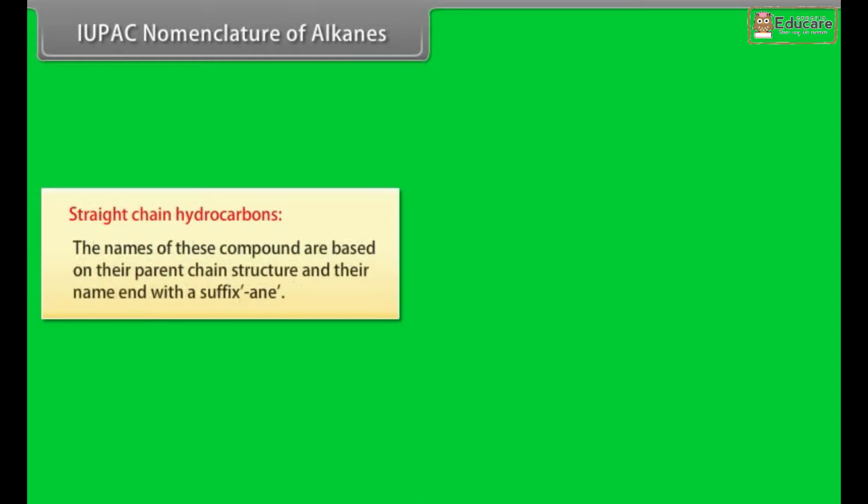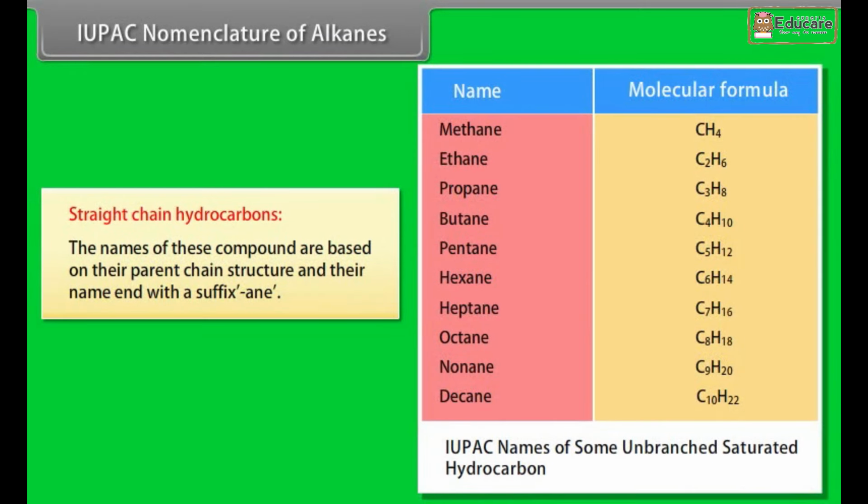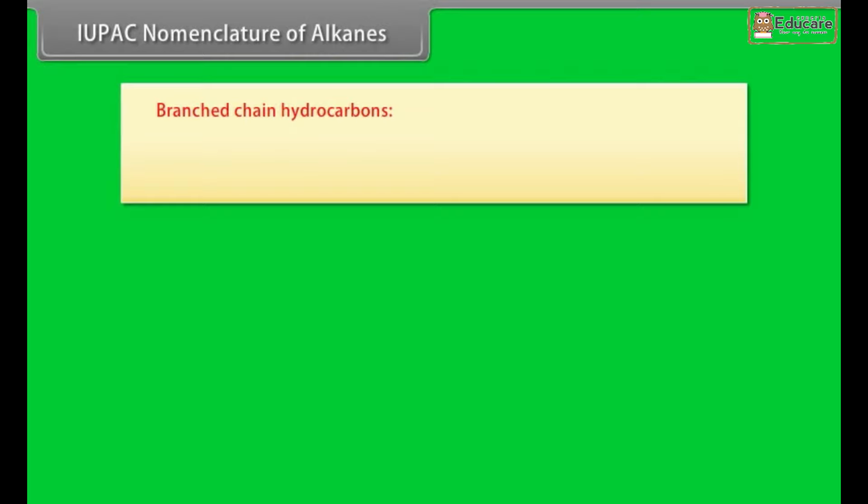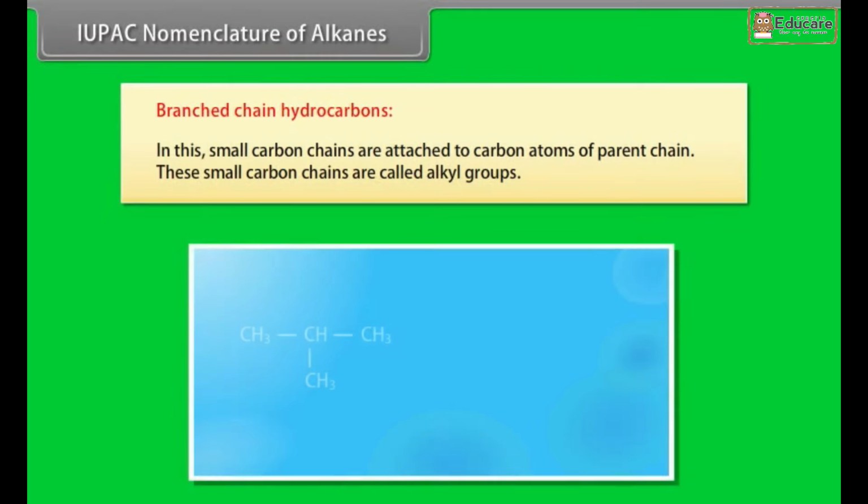IUPAC nomenclature of alkanes. Straight chain hydrocarbons: the names of these compounds are based on their parent chain structure and their name ends with the suffix -ane. Branched chain hydrocarbons: in this, small carbon chains are attached to carbon atoms of the parent chain.